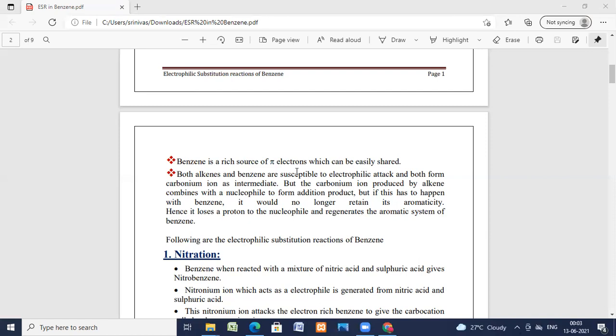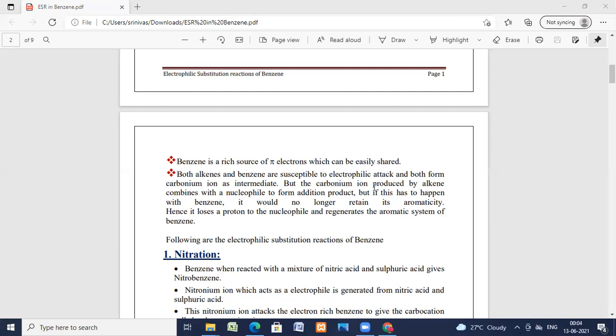Now, electrophilic aromatic substitutions proceed by a common mechanism, for specific substitution reactions like nitration and halogenation. Both alkenes and benzene are susceptible to electrophilic attack, and both form carbonium ions as intermediates.